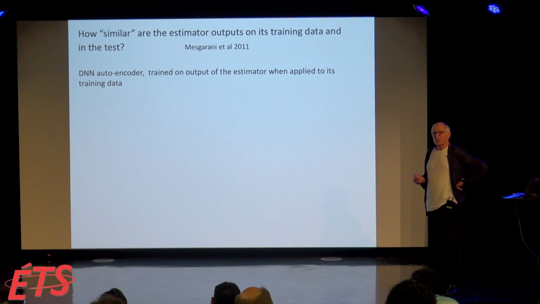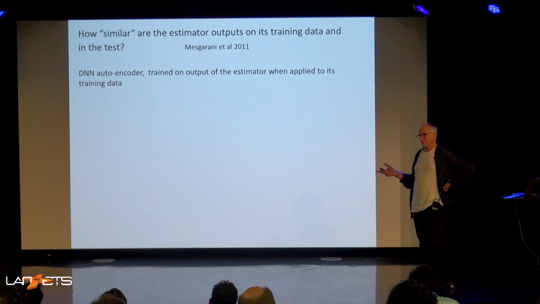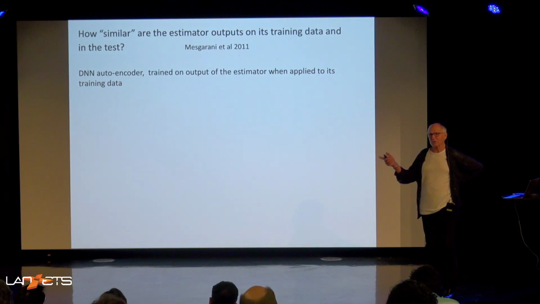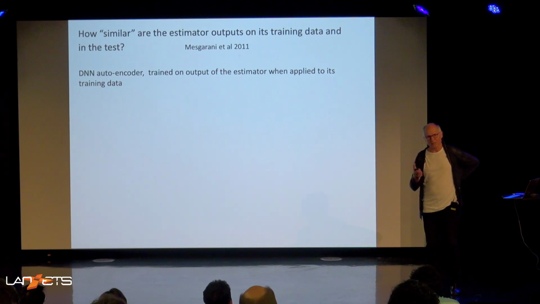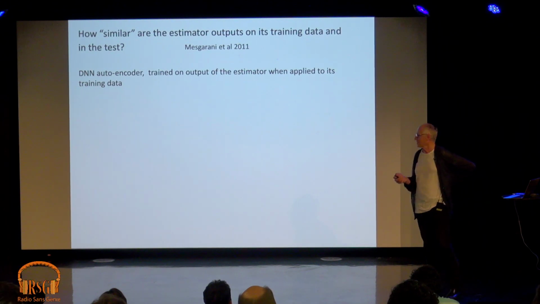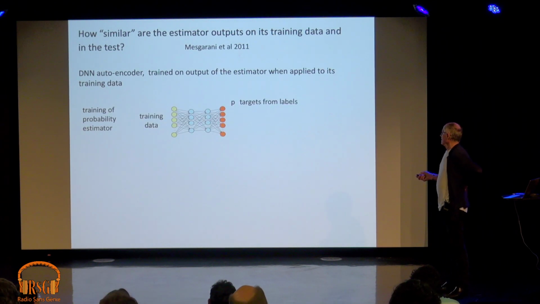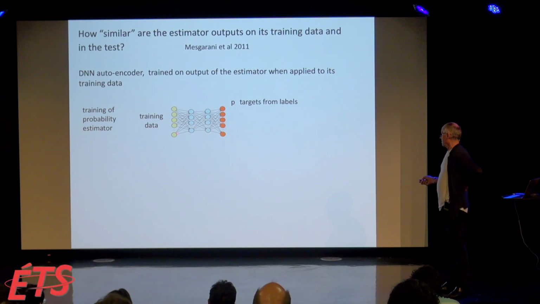I build a model on the output from the classifier on its training data, and then I see how well the test data, which can be corrupted, fit the model. So one of the techniques which we are using quite a bit is that we train an autoencoder on the output from the classifier on the training data.